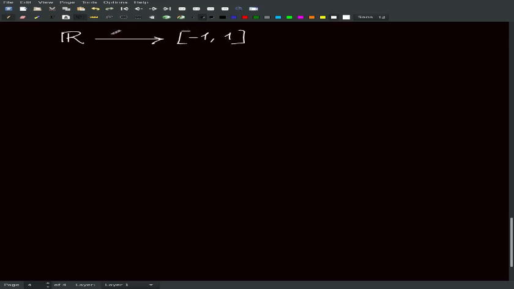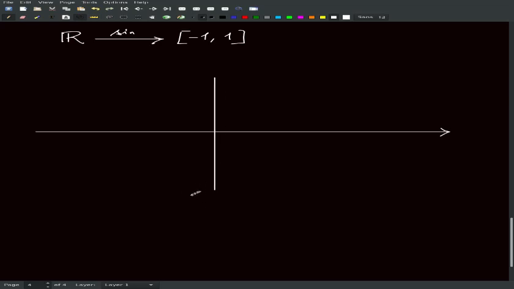Let's take the sine map. If we try to draw this function, it looks like this. This is minus 1. This is 1. And let me try and draw it. Well, it's a difficult thing. And then it will go on in the same way, and so on.